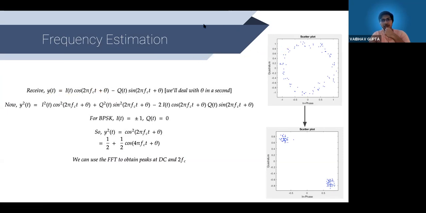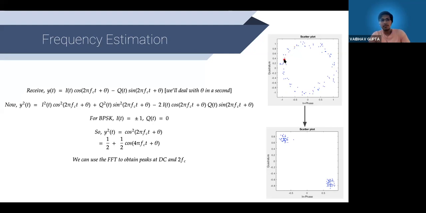What that means is your phase offset for that term is now a function of time, which means that if you receive, say, a 1 at time t1, it might be over here, but at time t2, because of the delta fc, it might have rotated here, and so on and so forth.